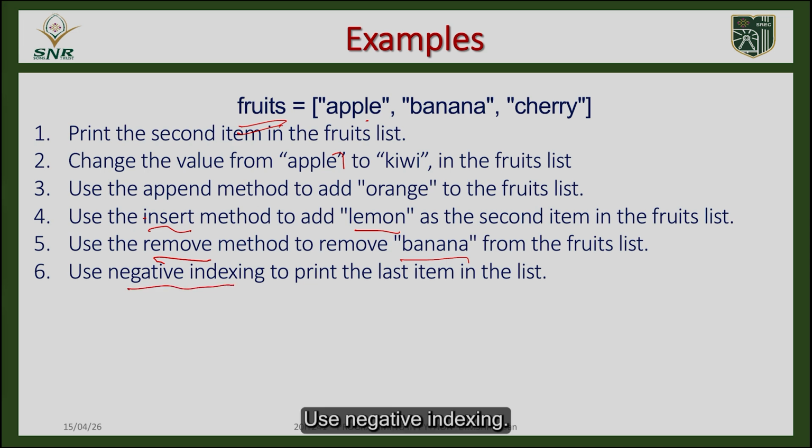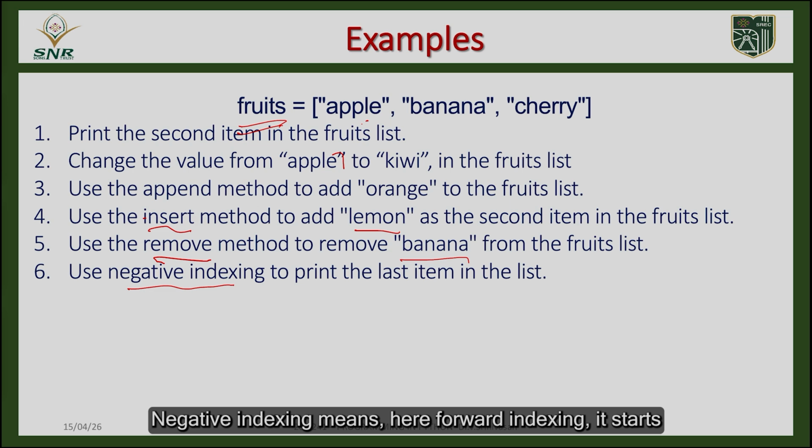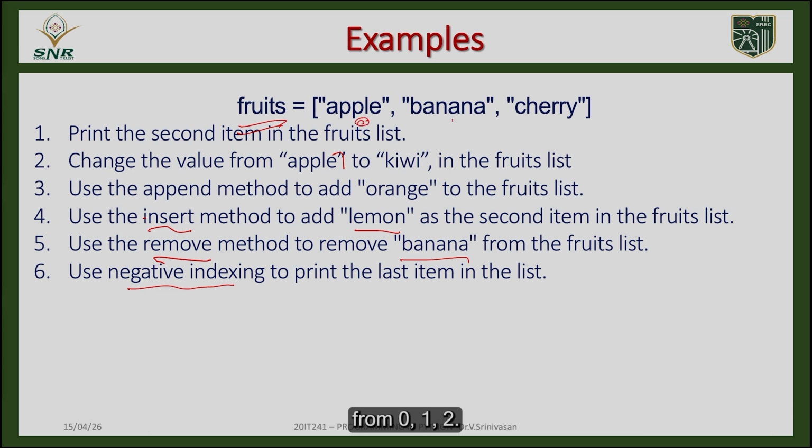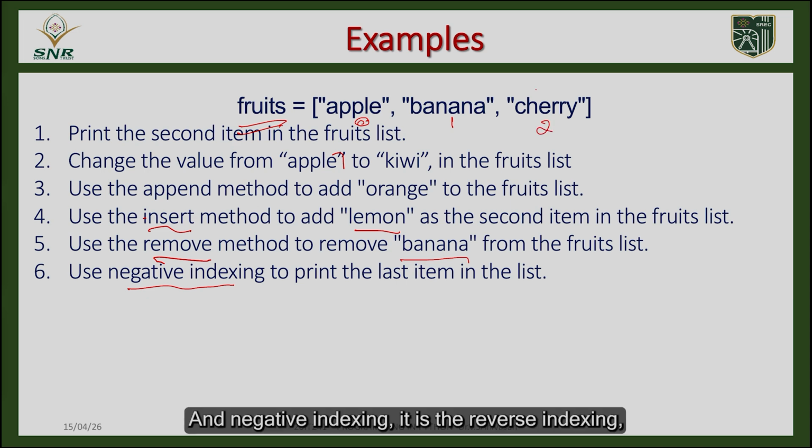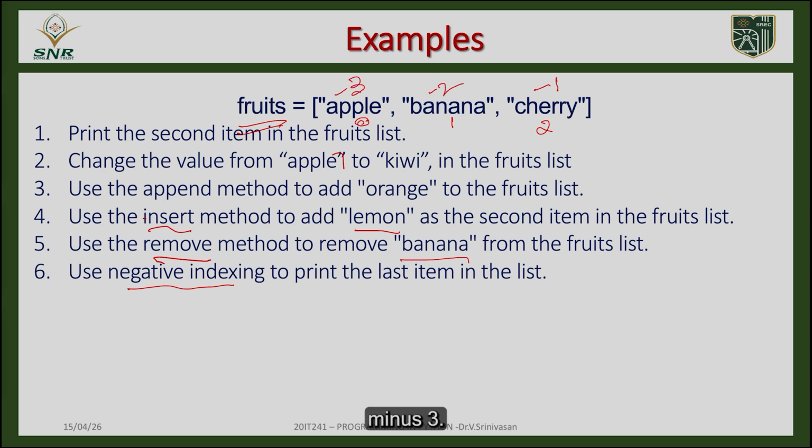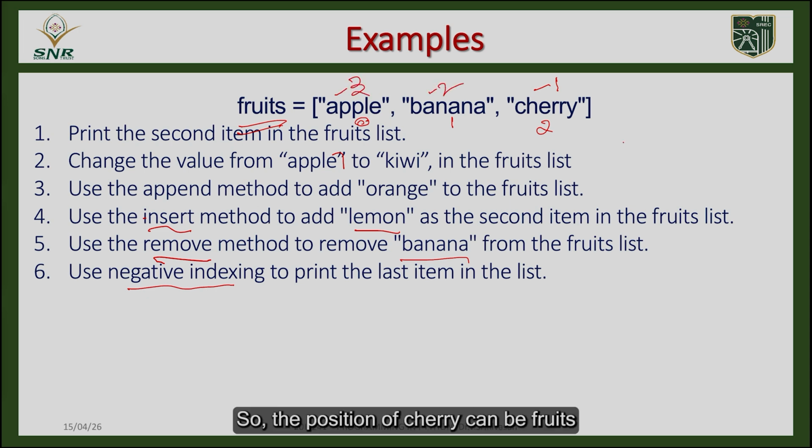Use negative indexing. I forgot to tell this. Negative indexing means, here forward indexing starts from 0, 1, 2. And negative indexing is the reverse indexing. It doesn't start from 0. Instead, it starts from -1, -2, -3. So the position of cherry can be fruits of 2, or fruits of -1.